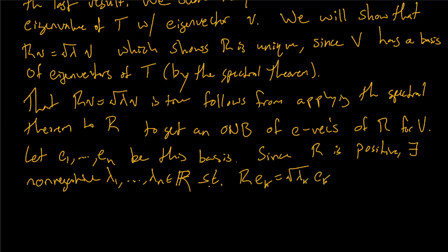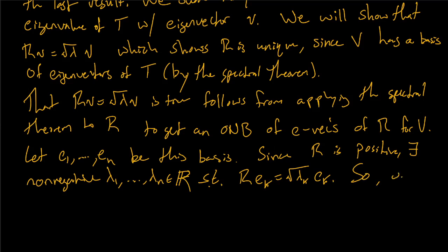After all, they're eigenvectors, so they have eigenvalues. Just pick the lambdas so that these are the squares of the eigenvalues of R. Cool, easy enough, right?